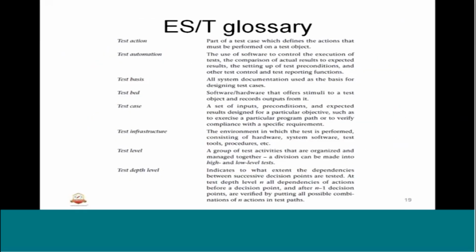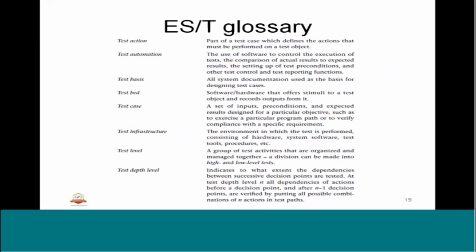So before concluding the class, I will go through some of the glossary that we have for today. Test action, part of a test case which defines the actions that must be performed on a test object.